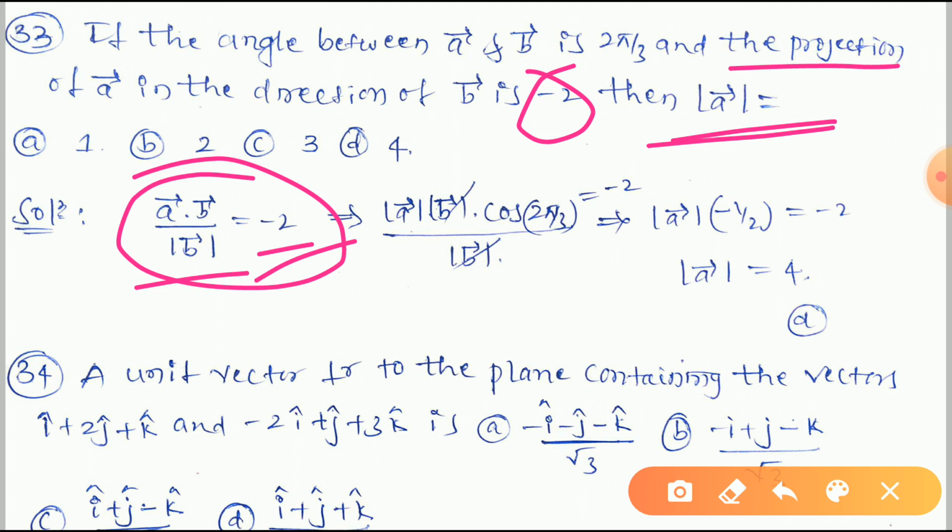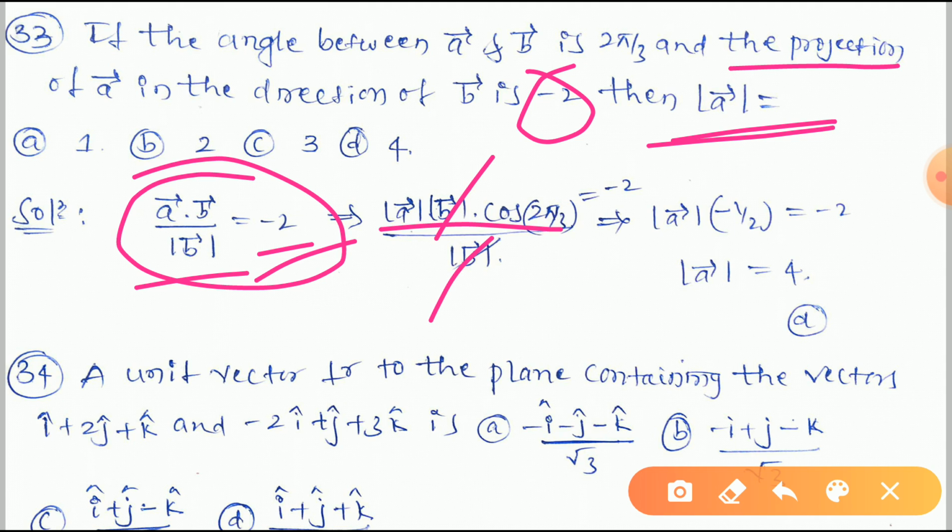We know that A dot B is equal to magnitude of vector A into magnitude of vector B into cos of angle 2 pi by 3, divided by magnitude of vector B. Magnitude of vector B, this and this get cancelled, we get magnitude of vector A into cos of 2 pi by 3 is equal to minus 2.